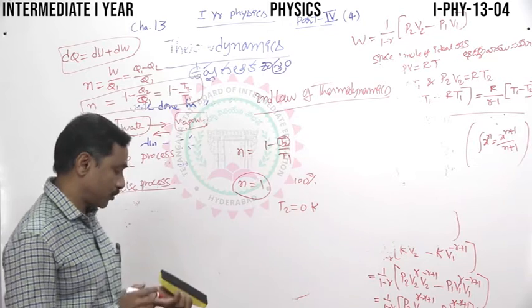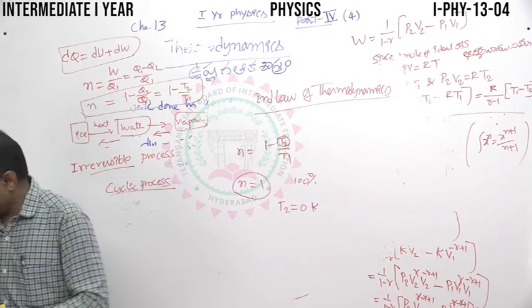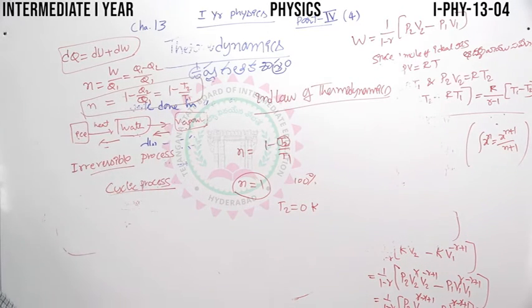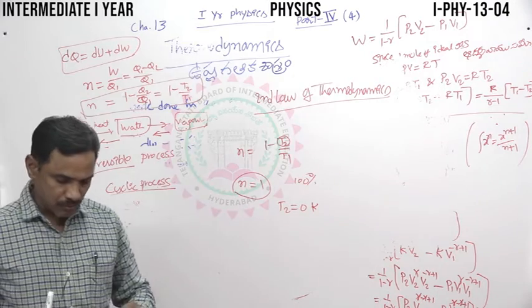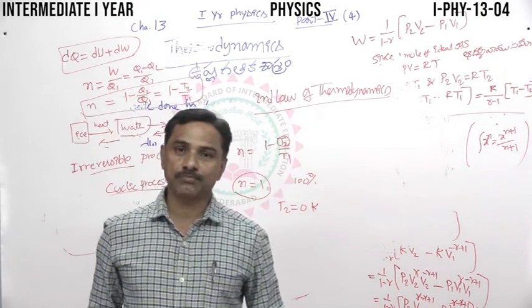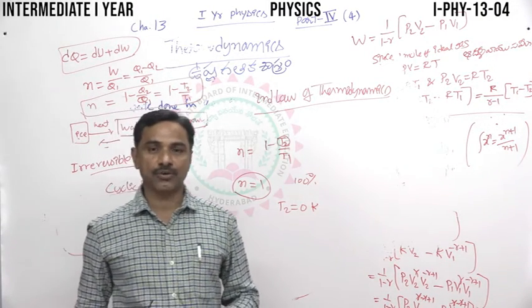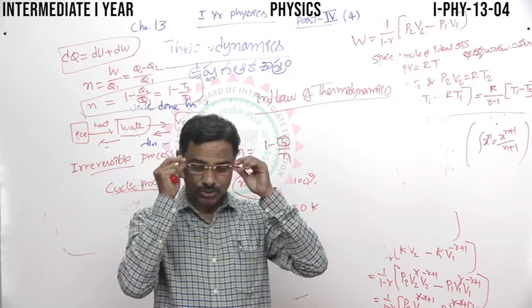Now, some simple questions for your IPE examination. Let me repeat, take it as an assignment. Distinguish between isothermal and adiabatic processes. Note down, students, please note down the questions.